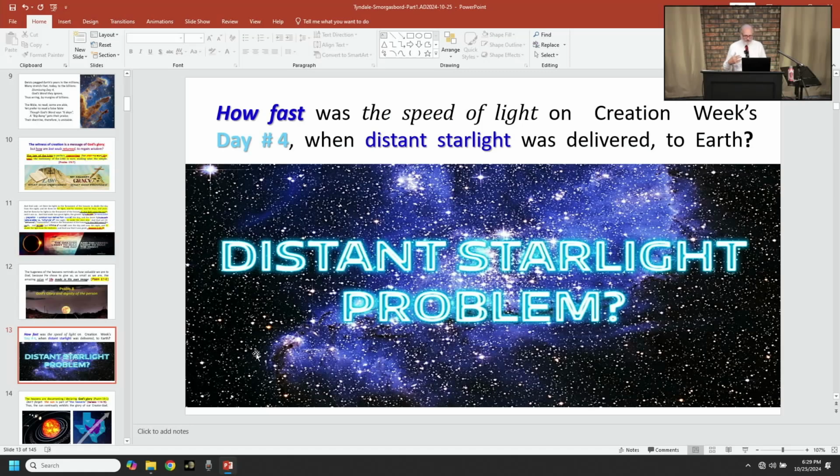And yet light travels at a certain speed today, and yet it had to travel much faster than that on day 4 in order to get from the stars where He placed them to the earth, where He said He wanted that starlight to be seen for signs and seasons. In other words, He wanted it to be seen by people on earth.